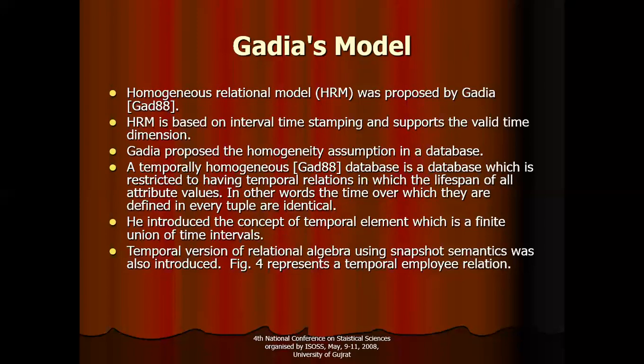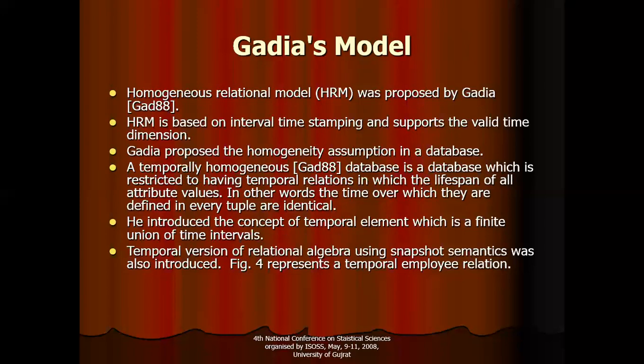Yes, it is quite possible, but that is the name of the model which was proposed by Gadia based on his assumptions, which will be discussed in this slide. That model is always represented as HRM, and it was proposed by Gadia in 88. Again, you can see the reference and you can go and find out what he actually did, with all examples and explanations. So here we just want to introduce some of the important highlights of Gadia's model.